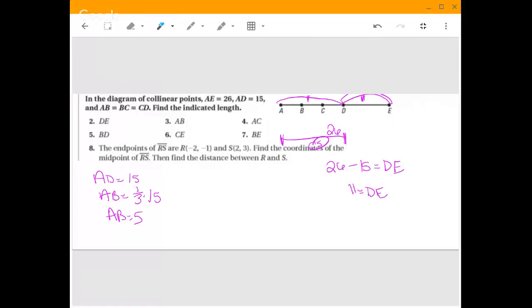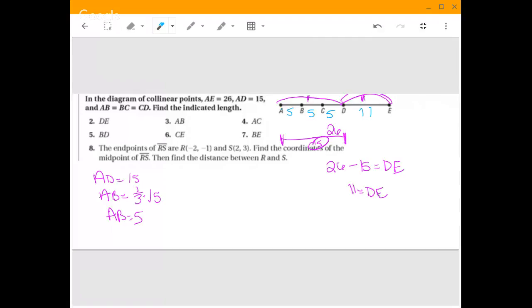Okay, and then the same thing for BD. We know that each of these little sections is 5. So for BD, it would be 5 plus 5 also.